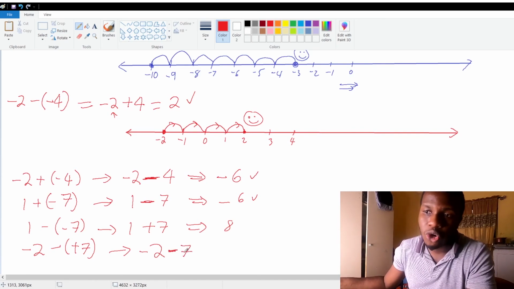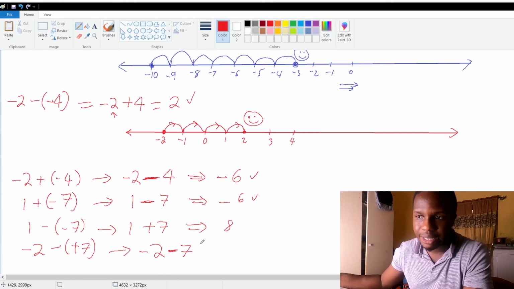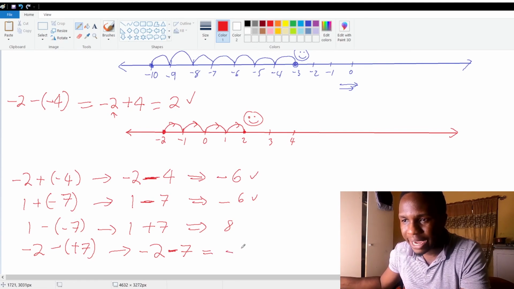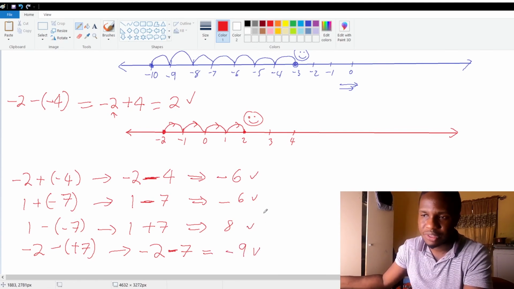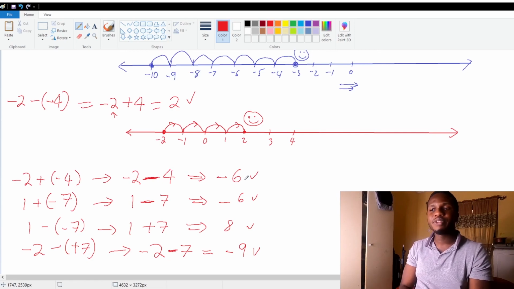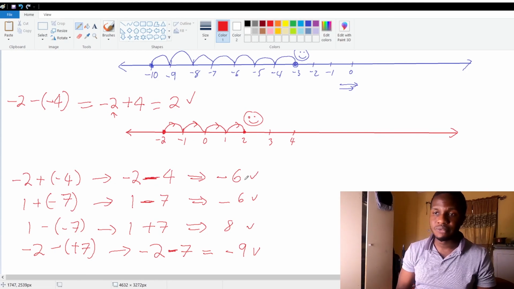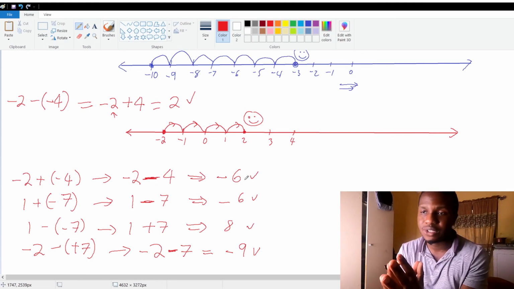If you do this on the number line, you will start from -2 and go to the left 7 times. You will get -9. You can check all of these out. By the time you do these a lot, adding and subtracting positive and negative numbers will come very intuitively to you, and it's going to be very easy to do.